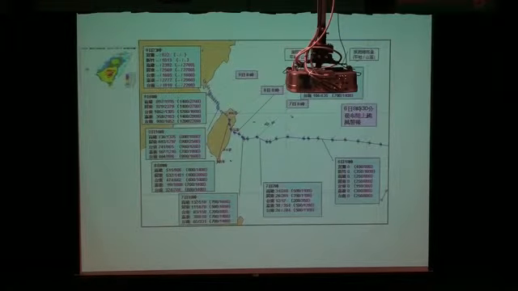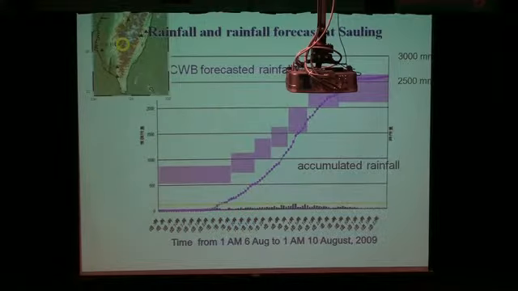I have to go quickly because time is limited. This diagram shows that the Central Weather Bureau was able to update their forecast when more observations became available.